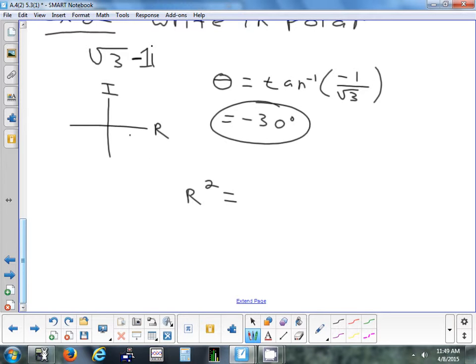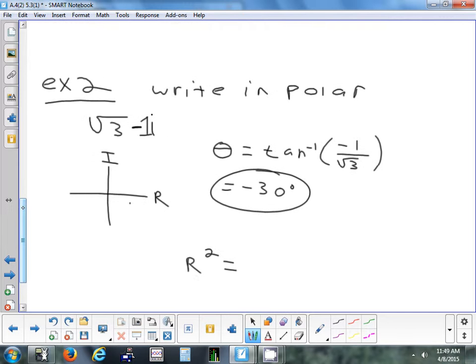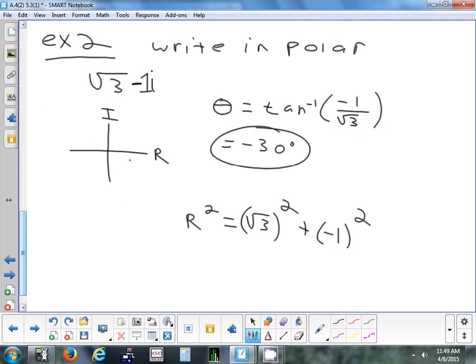And the last step is to find my radius. Take x, which is the square root of 3, and square it. Take your y, or your vertical, which is negative 1, and square it. Add those two together, and then we'll take the square root.